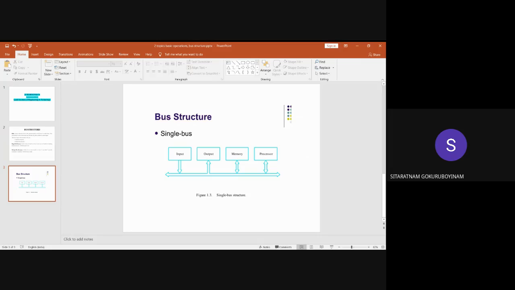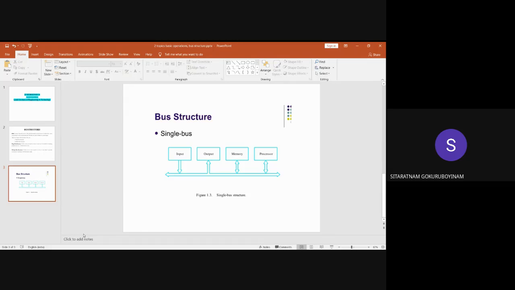The advantage is high performance compared to the single bus structure, but cost-wise it is expensive. That is the disadvantage of multiple bus structures.